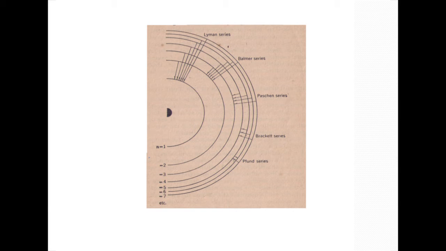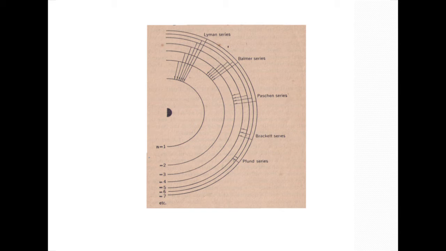Here you can see this is the hydrogen atom. Here n is equal to 1, the first circle, the first half circle is n is equal to 1, the second half circle is n is equal to 2, 3, 4, 5, 6, 7, like that, and all the transitions taking place from different energy levels to 1 are known as Lyman series.